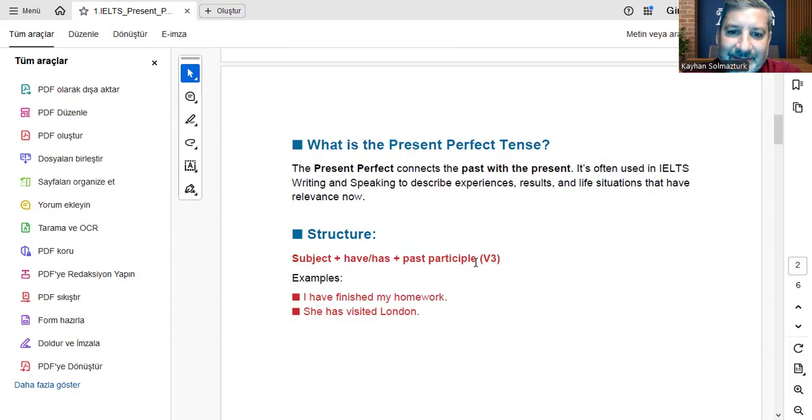The past participle is the verb to be form.